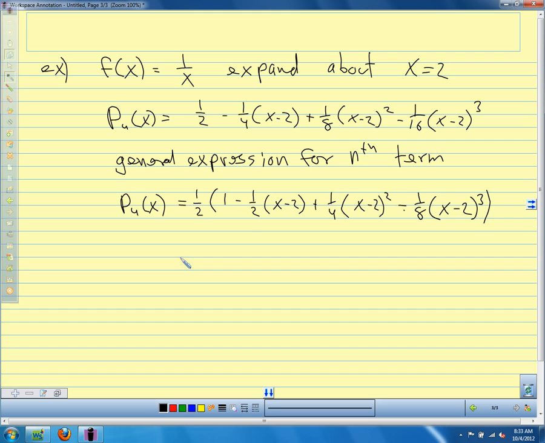Can anybody come up with a general expression for the nth term? What do you think? I'm going to put this 1/2 here. Our signs alternate, right? We have our first term positive, so (-1) to the n. If we start with 0, that would be fine.